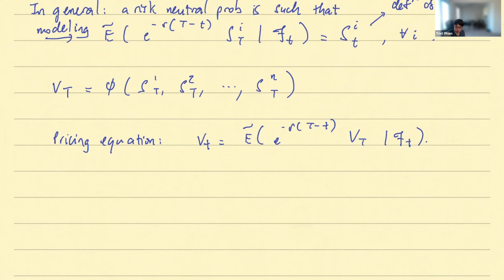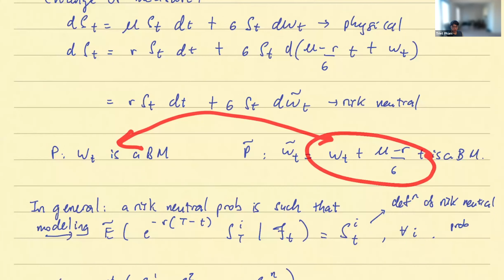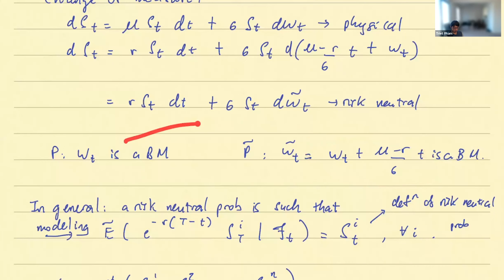Then comes the mechanical question of how we can change measure. At the basic level, it seems like you're adding a drift to a Brownian motion and requiring that you find another probability such that the Brownian motion with drift is now a Brownian motion under that new probability.